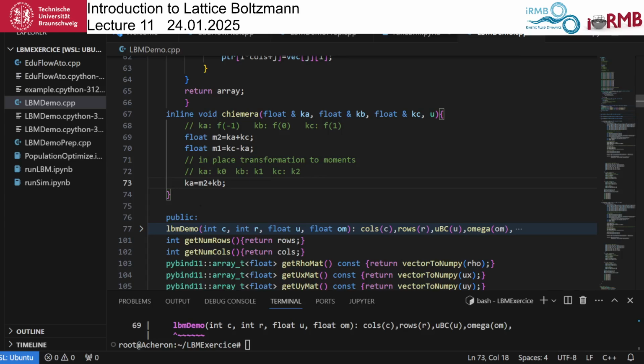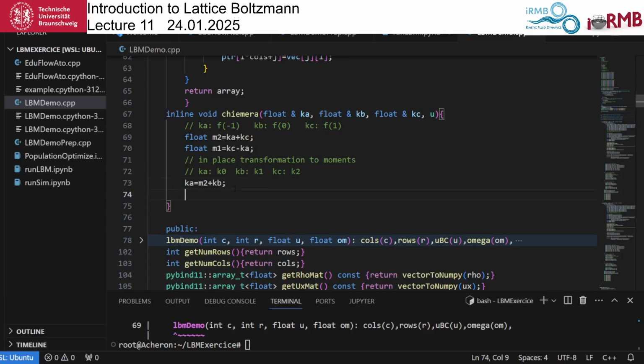Previously Ka has been the incoming population, and now it's the moment. A little bit strange, but this saves us a lot of in-between operations.